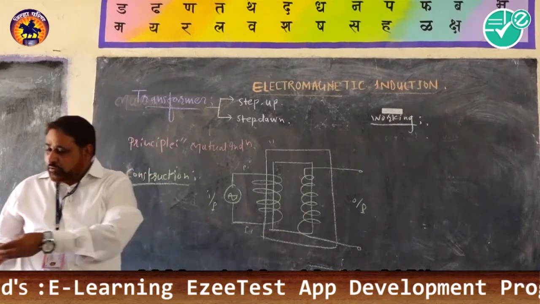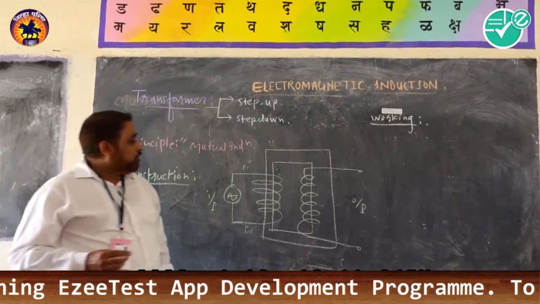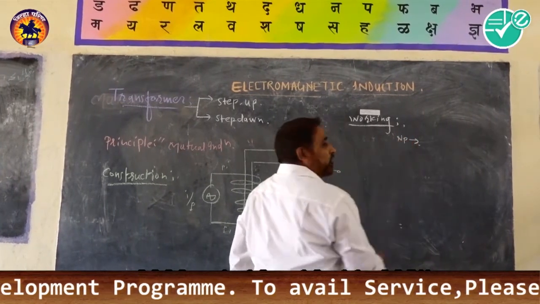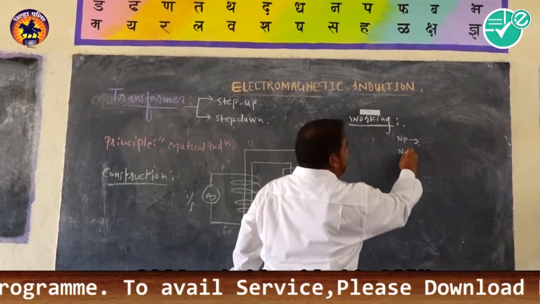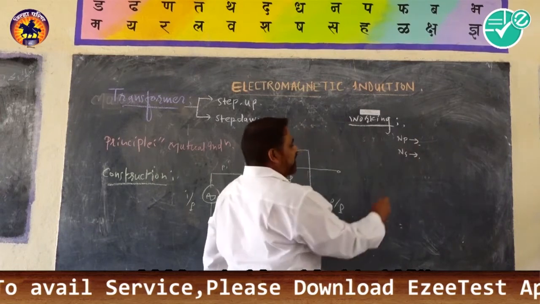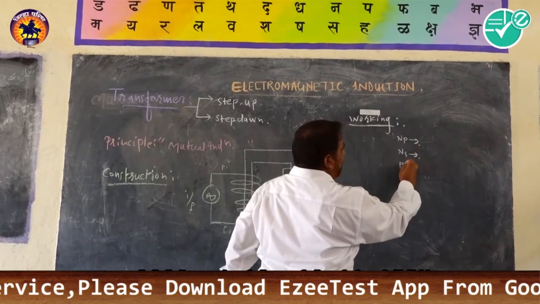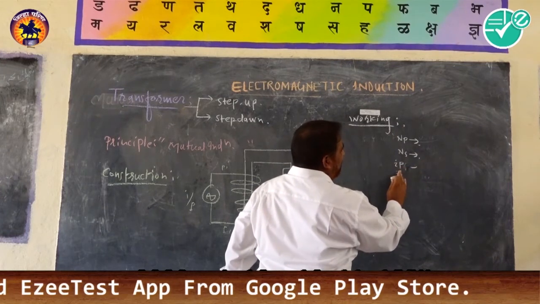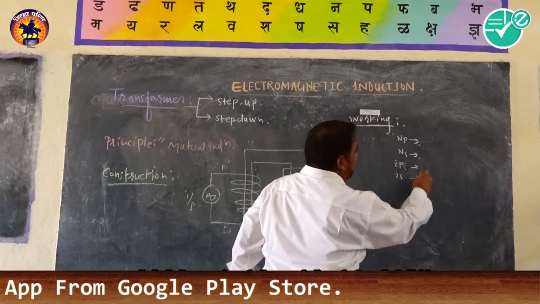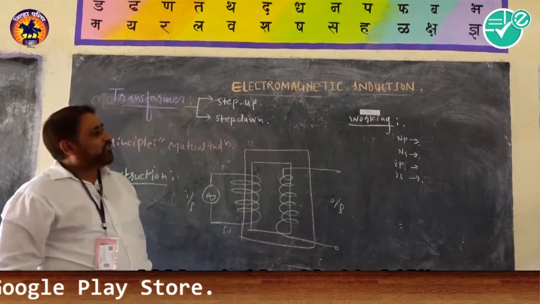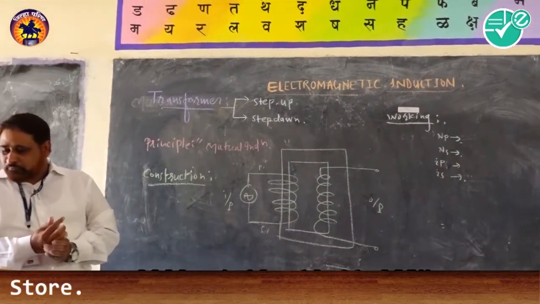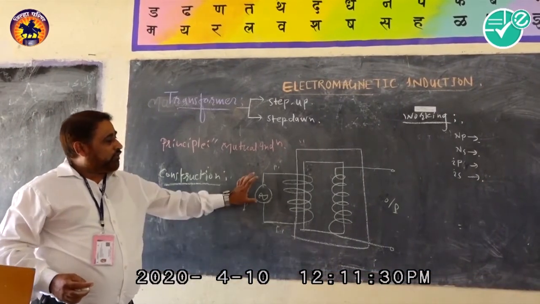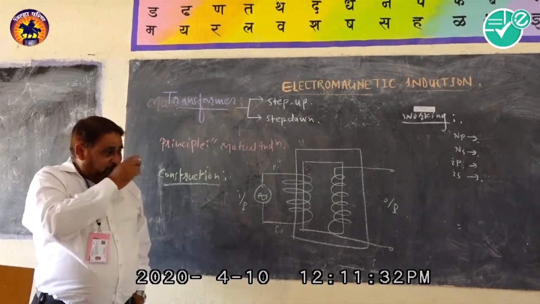In this, we have to first define the number of turns of the primary, denoted by NP, whereas the number of turns in the secondary is denoted by NS, and the primary current is denoted by IP, whereas the secondary current is denoted by IS.